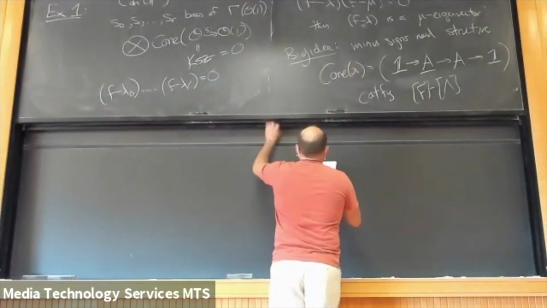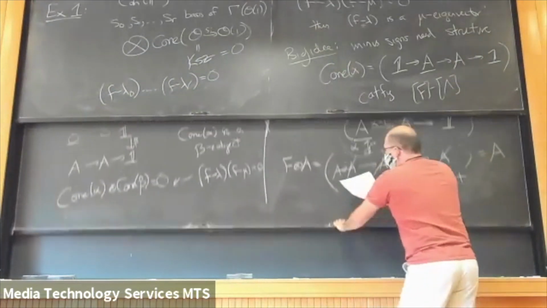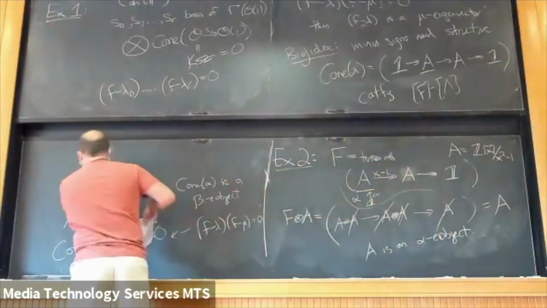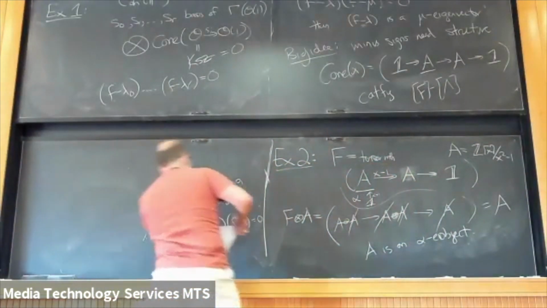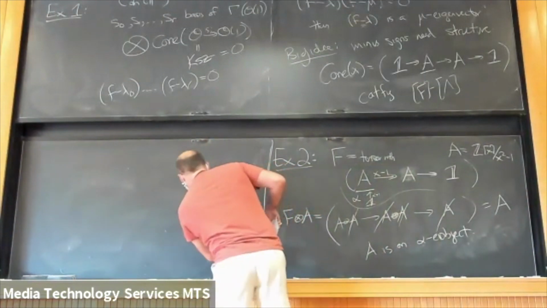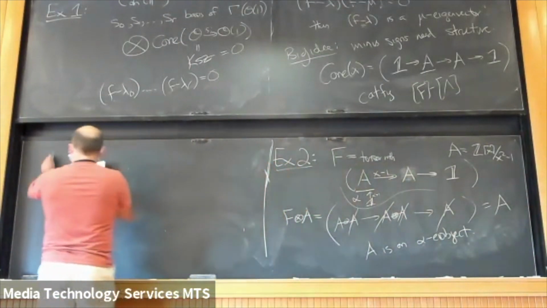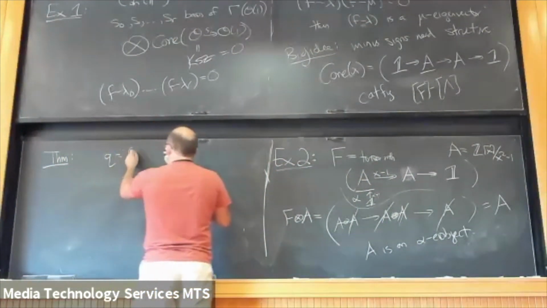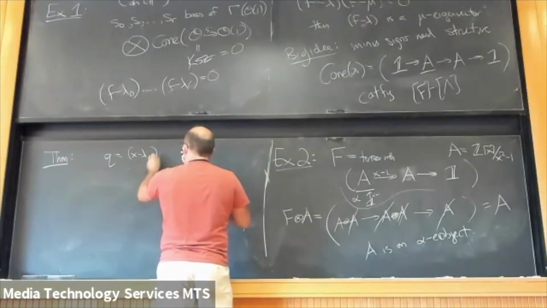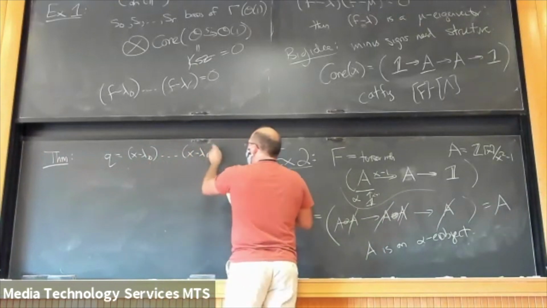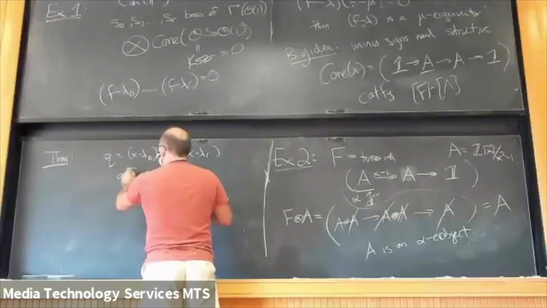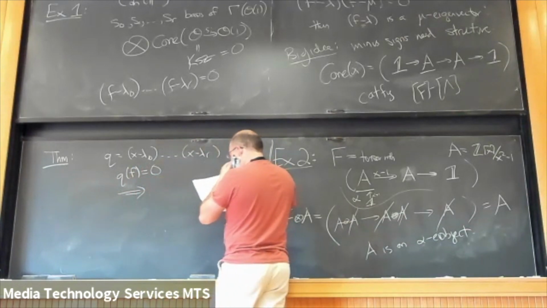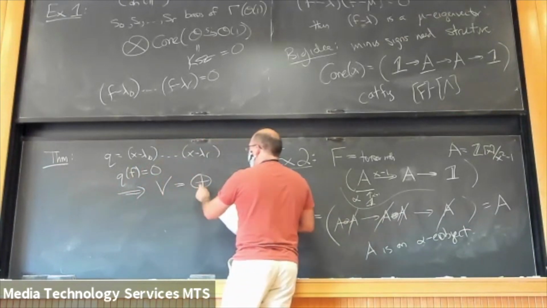Okay, so I promised you I would prove something in linear algebra for you. So let me go back to this original theorem. So if Q is the polynomial (x minus lambda 0) up to (x minus lambda r), and if Q of f is 0, then this is supposed to imply that V splits into its eigenspaces.